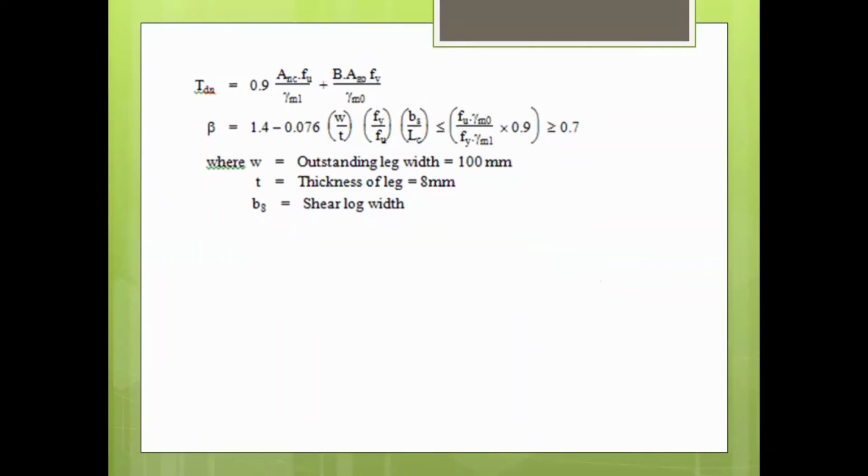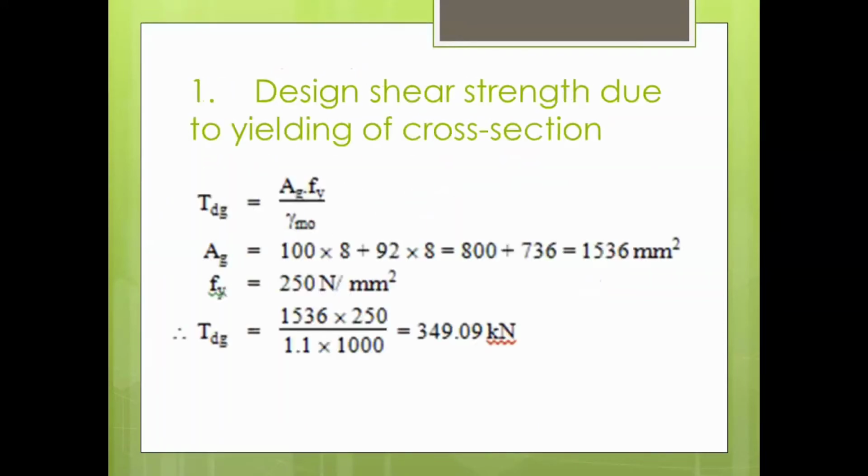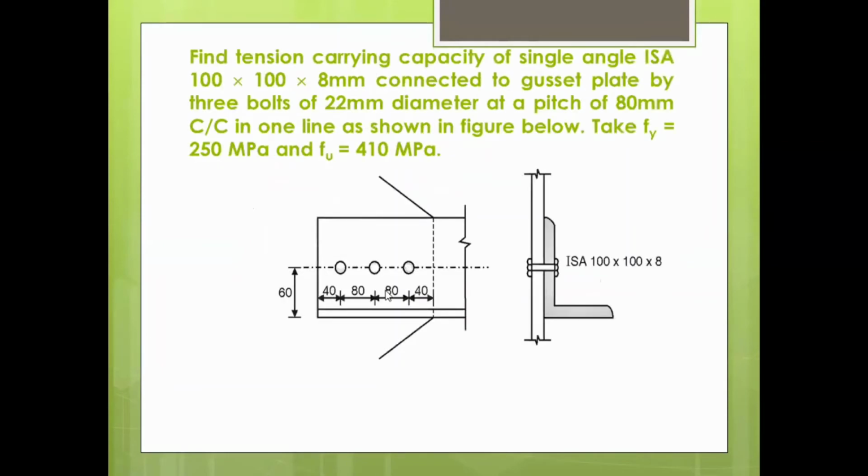Again, go to the diagram. 80 plus 80, 160. It means the pitch, the center to center distance between the two end bolts. If you start from the first bolt's center line, you measure the distance up to the center of the last bolt. So this total is 160.